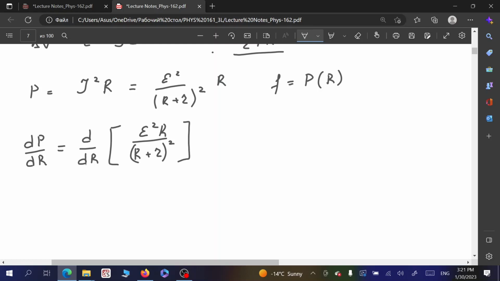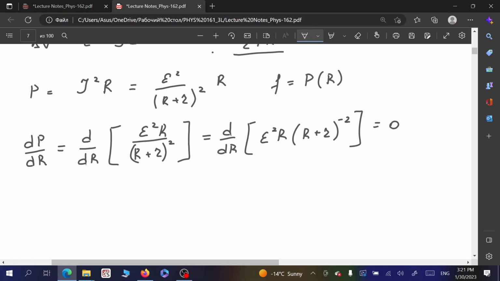In order to make it easier for us, let us rearrange it a little bit. We will have d over dR, and in parentheses we will have epsilon squared times capital R times (R plus capital R) in minus second power, and that we set to 0.